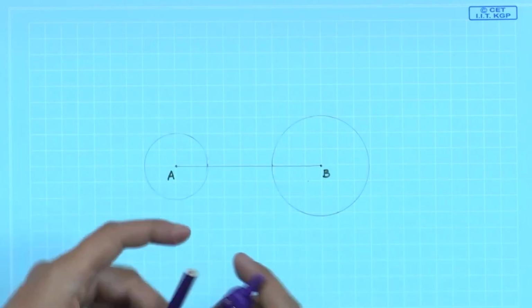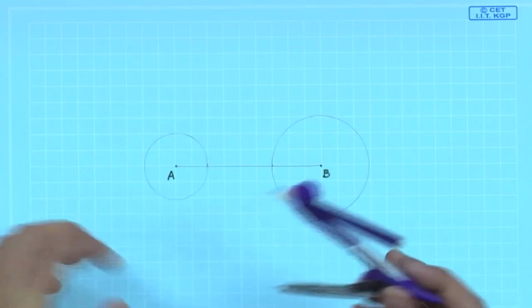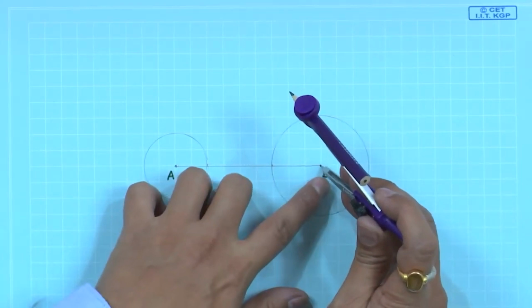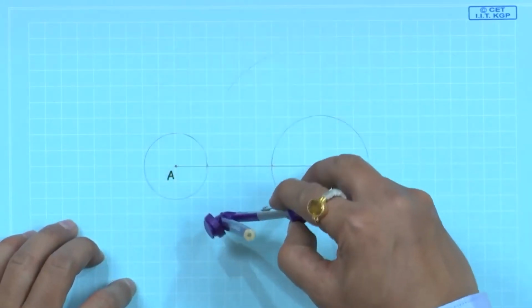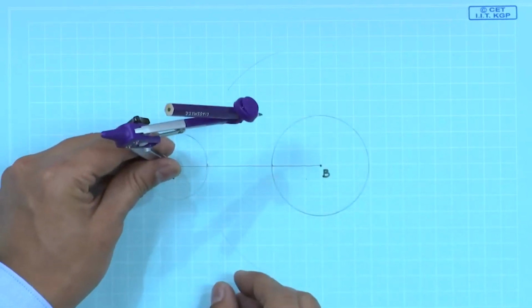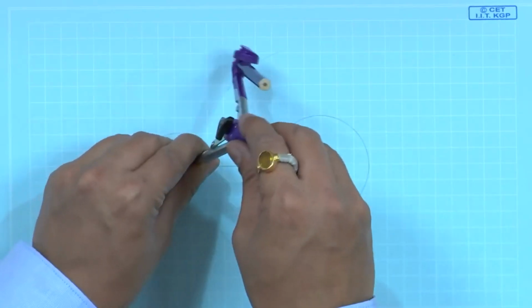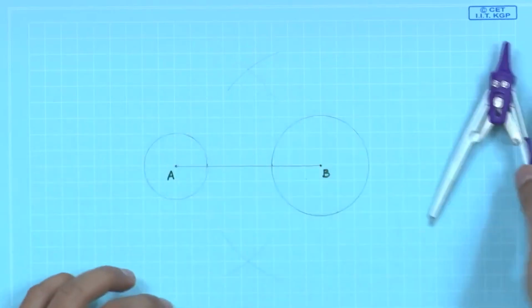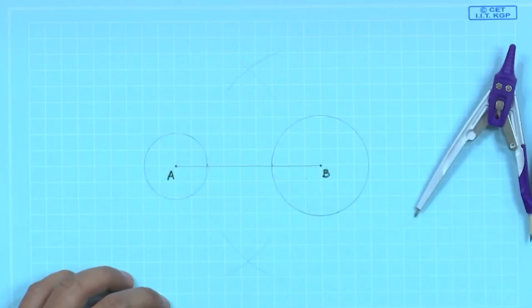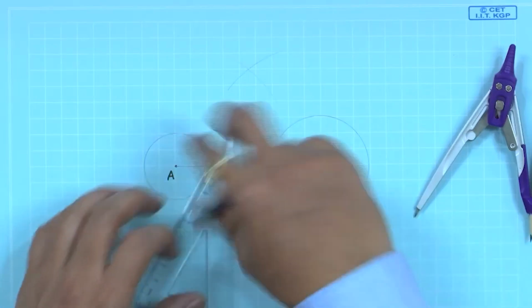First of all, we have to construct the perpendicular bisector. For that purpose, we have to take more than half of the distance. Join them.